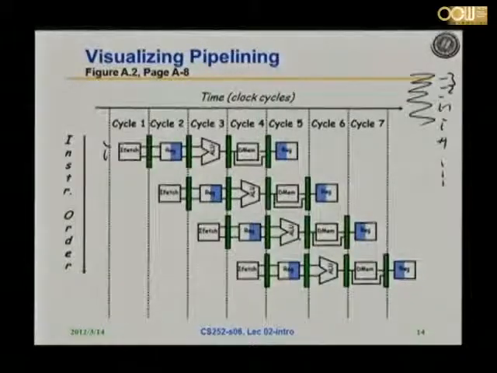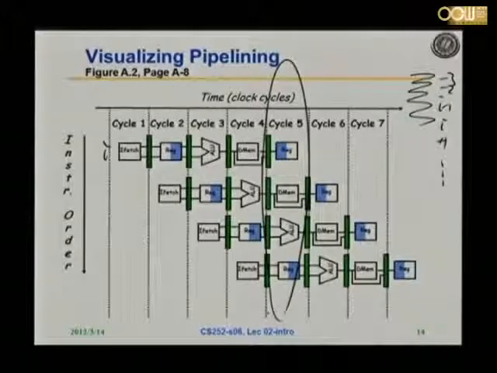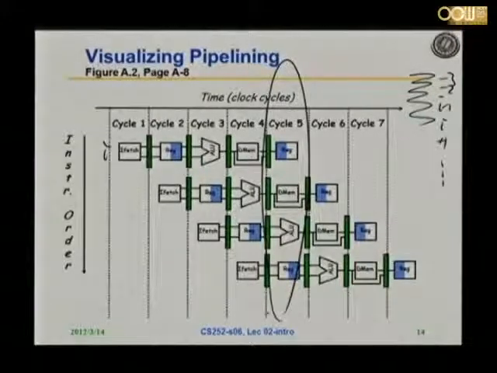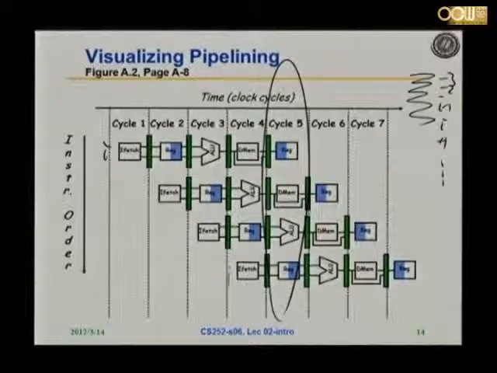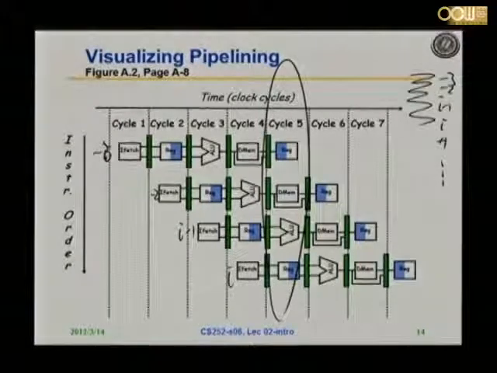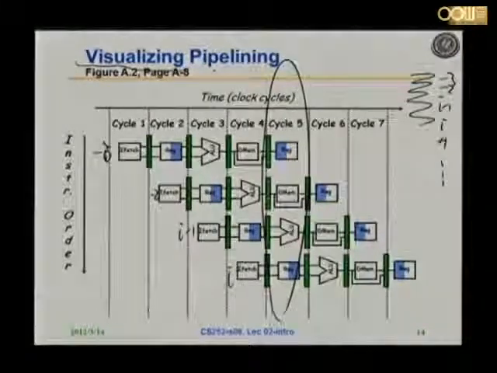And at a point of time, say at clock cycle 5, I'm sorry, I said it wrong. This is I, and this would be I minus 1, minus 2, minus 3. At this point of time, instruction I might be doing decoding, and I minus 1 doing execution, and this one doing memory, and this one doing write back. So using such a pipeline diagram, it is easier to visualize how instructions are executed in the pipeline.